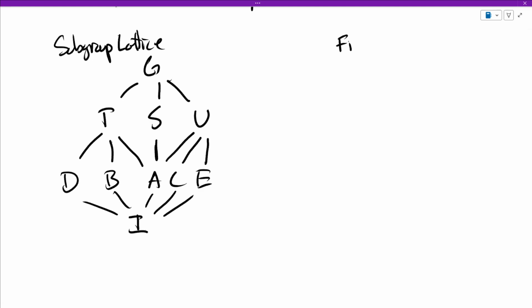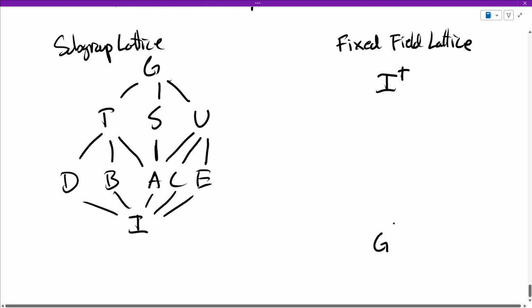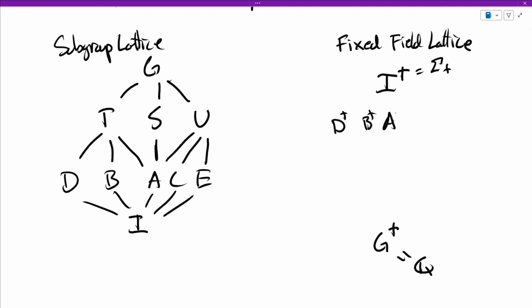Now, this gives us the dual lattice, the fixed field lattice, where we take the dagger of each of these groups, right? And we know that the Galois correspondence is inclusion reversing. So the fixed field of the identity is going to go at the top now, and the fixed field of the whole group is going to go at the bottom. The fixed field of the identity is just our splitting field, of course, and the fixed field of the whole group is just Q. Instead of now T, S, U dagger, it's going to be D dagger, B dagger, A dagger, C dagger. I'm going to give myself more space.